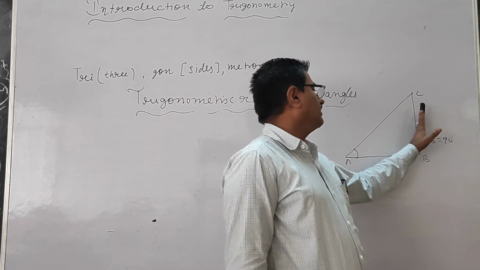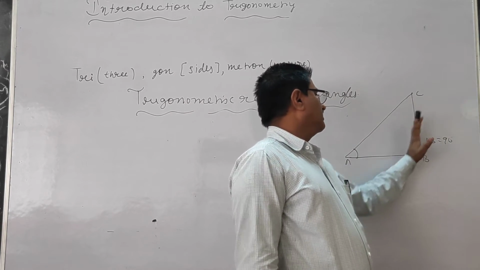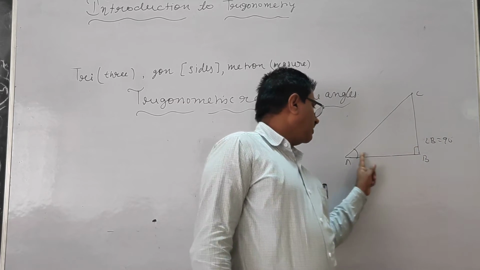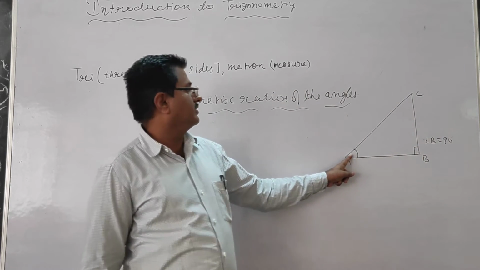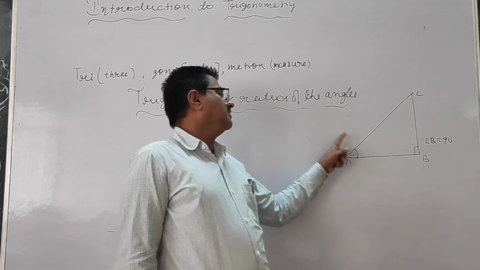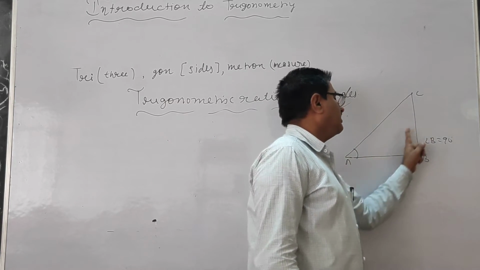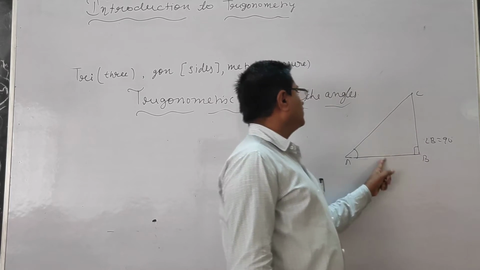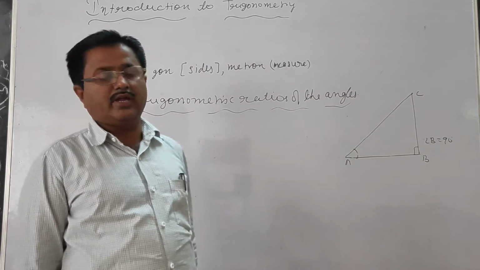What is the ratio of the sides in accordance with angle A? That is known as a trigonometric ratio. We can say it is the ratio of the sides of a triangle with respect to the considered angle.